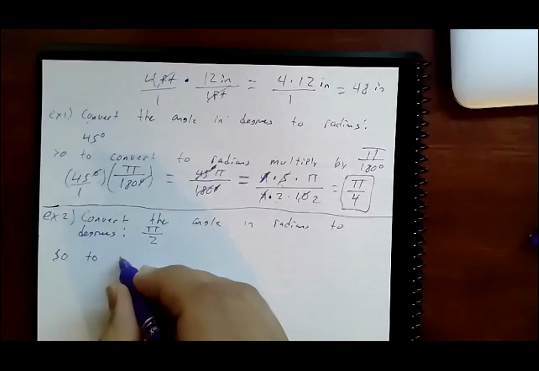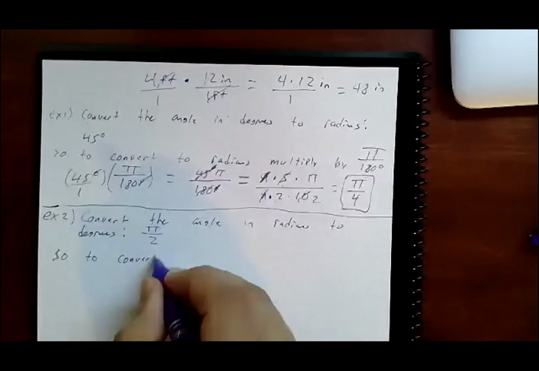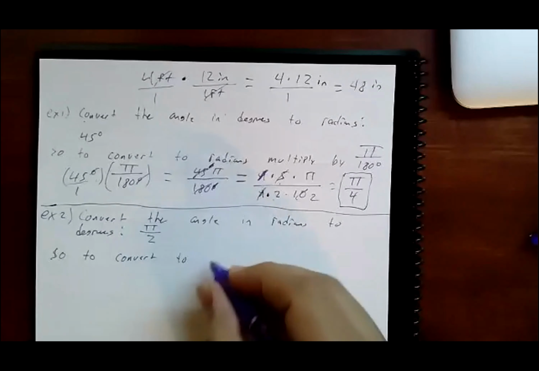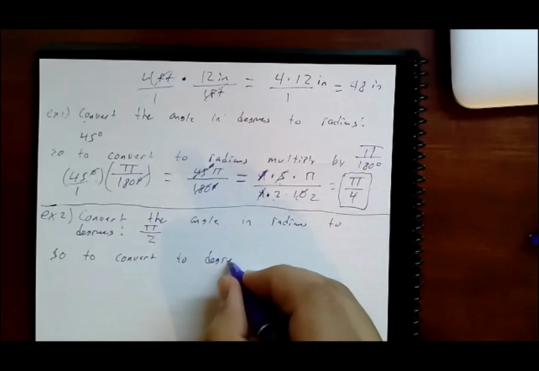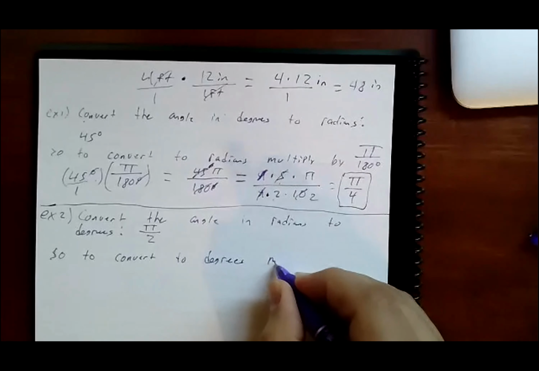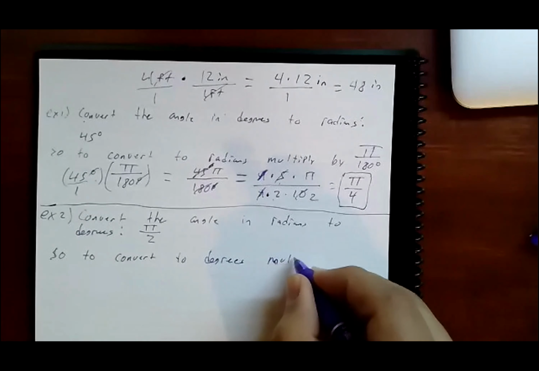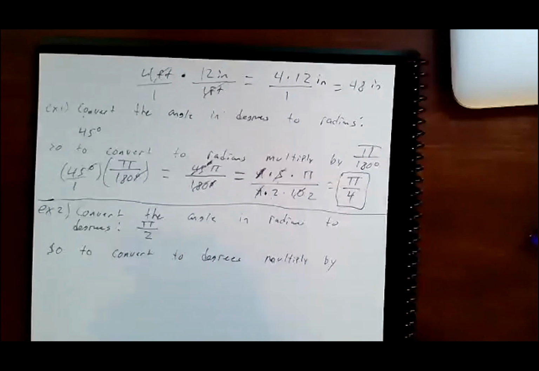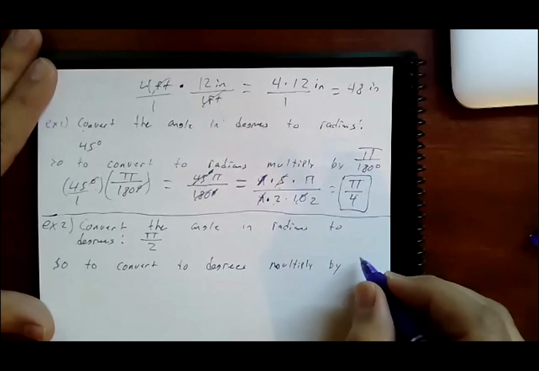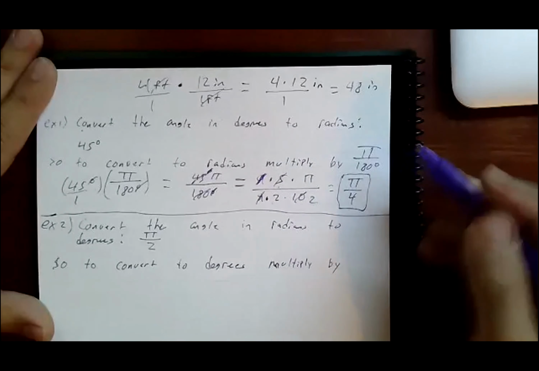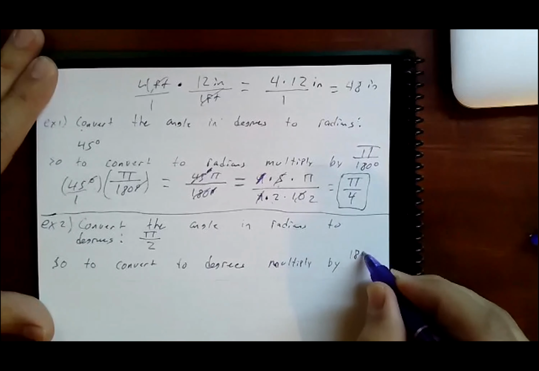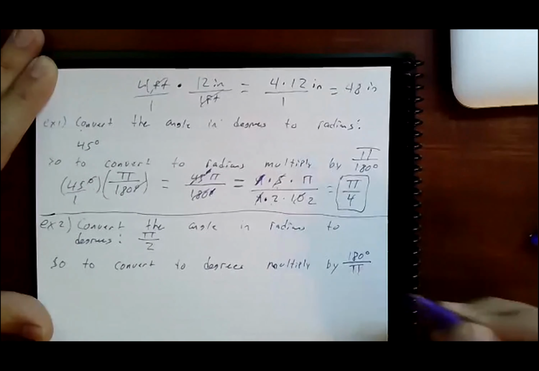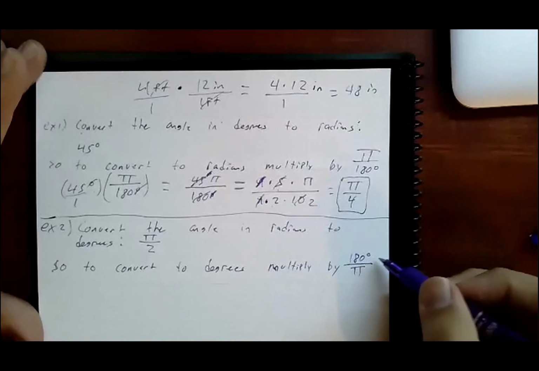So to convert to degrees, multiply by the opposite of this guy, 180 degrees over pi. So this time I want to cancel the pi and be left with degrees.